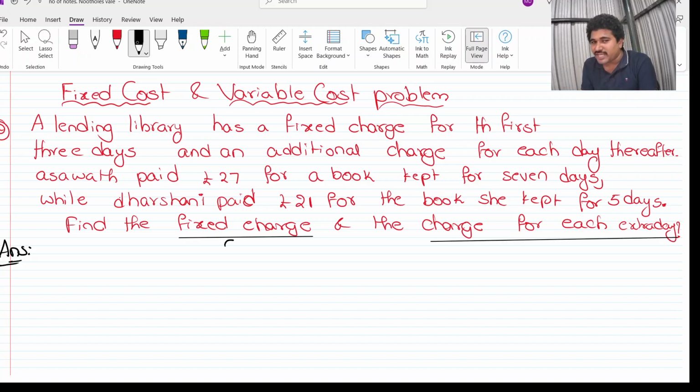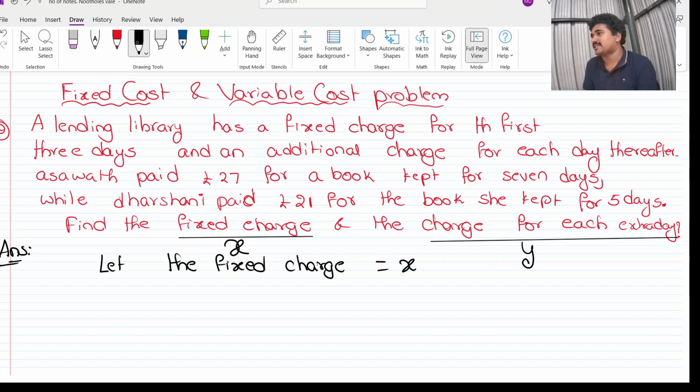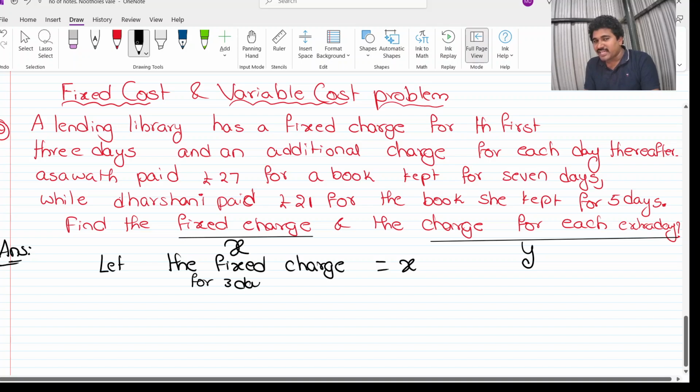So fixed charge, treat it as x. Charge for each extra day, y. Write it properly. Let the fixed charge be equal to x. If you want to be very clear, the fixed charge for 3 days is equal to x. It will be more clear. Understand? Next.